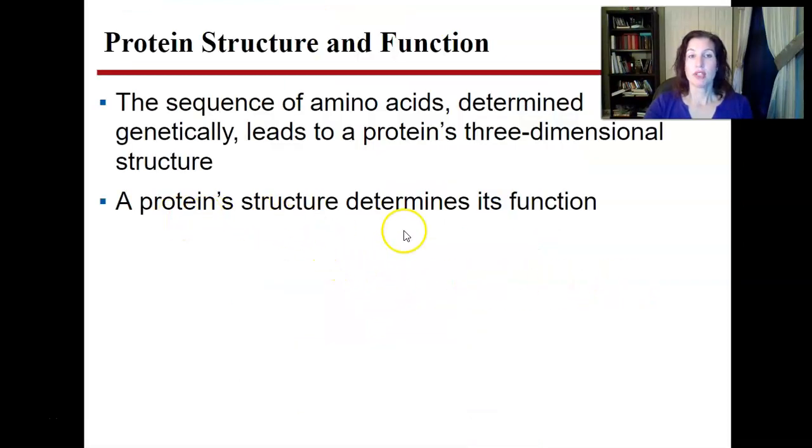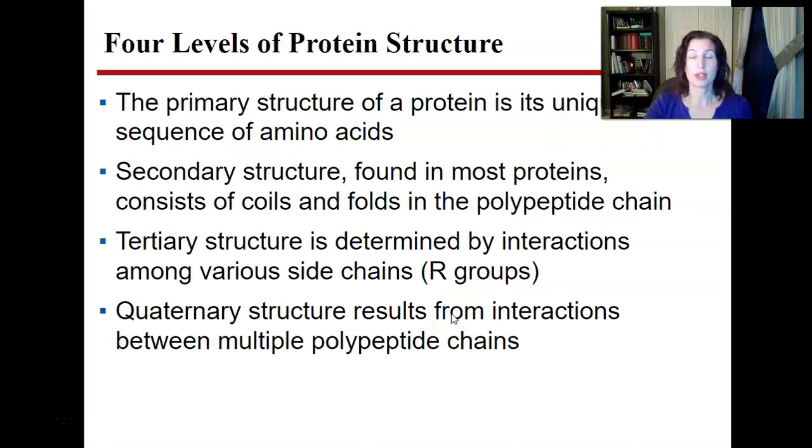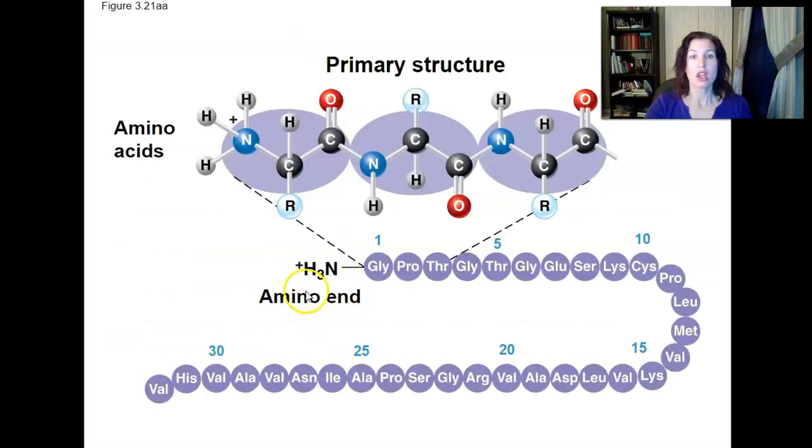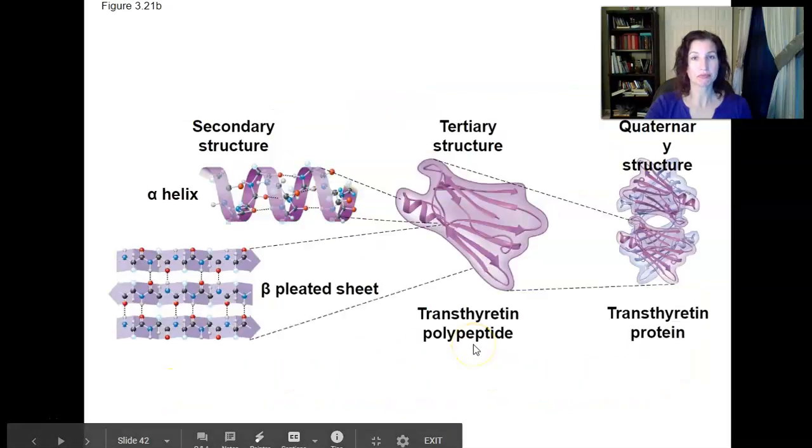All right, and protein structure determines its function. There's different levels of protein structure. We have the primary structure, secondary, tertiary, and then sometimes there can be a quaternary structure. That is just if there's more than one protein that join together to form the final structure. In our primary structure, that is just those peptide bonds linking those amino acids together. It kind of looks like that beaded necklace there.